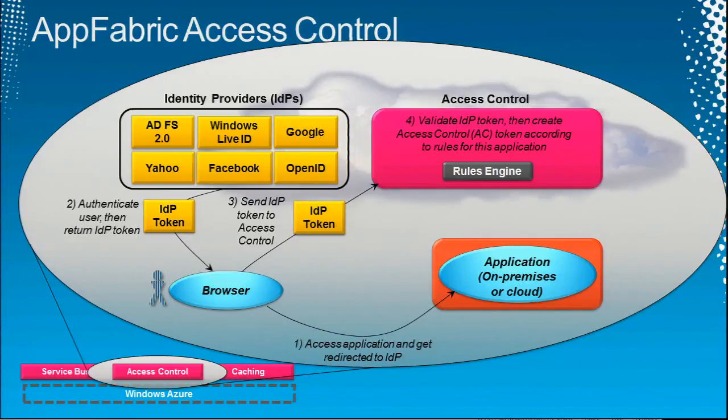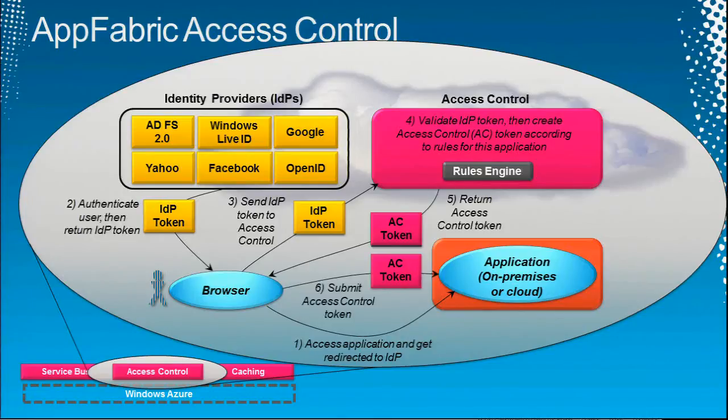Every app can define its own set of rules in access control about how this transformation should take place. There's a rules engine. Access control then spits back the token, which the browser sends to the app. The app then processes and uses the data in this token.